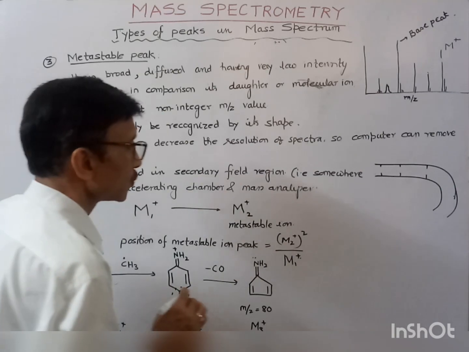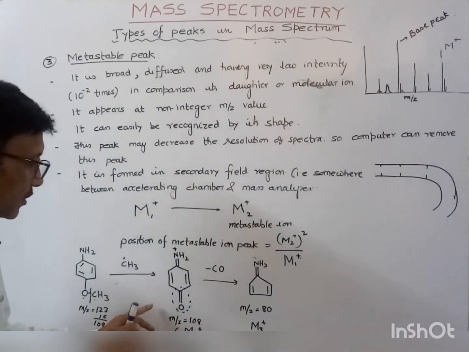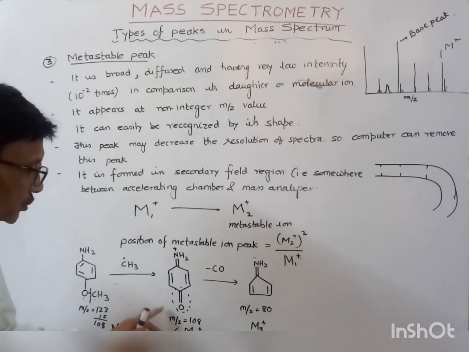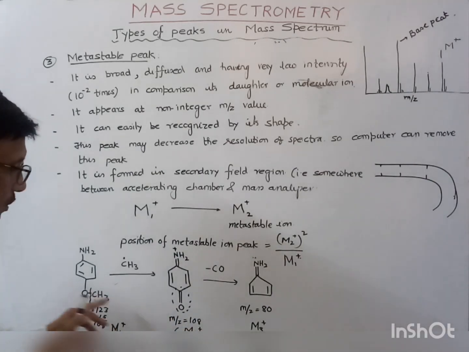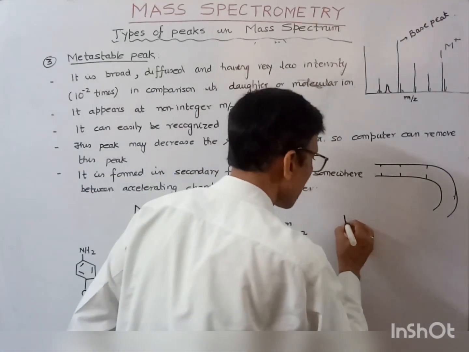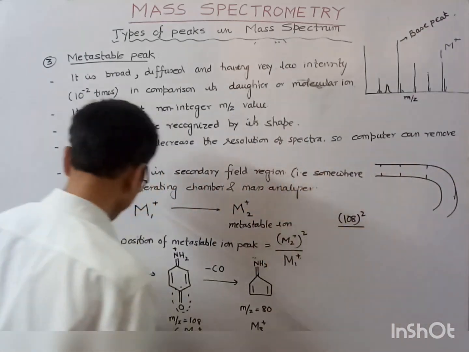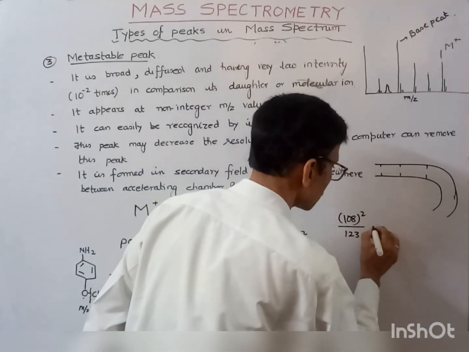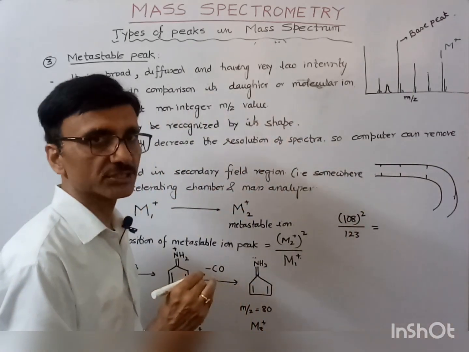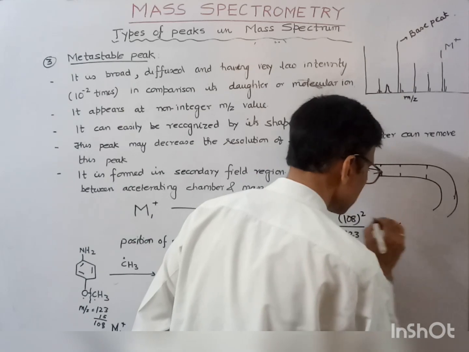So how can we determine the position? This is formed from here, this is our parent ion. So 108 squared divided by 123. This will give you the position of the metastable ion, and suppose this comes at 94.6 something.